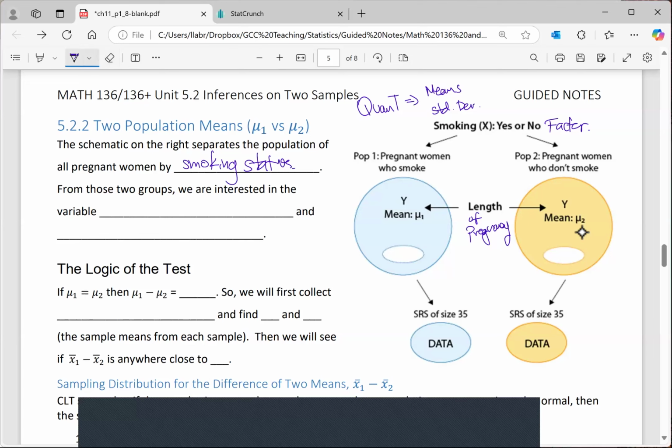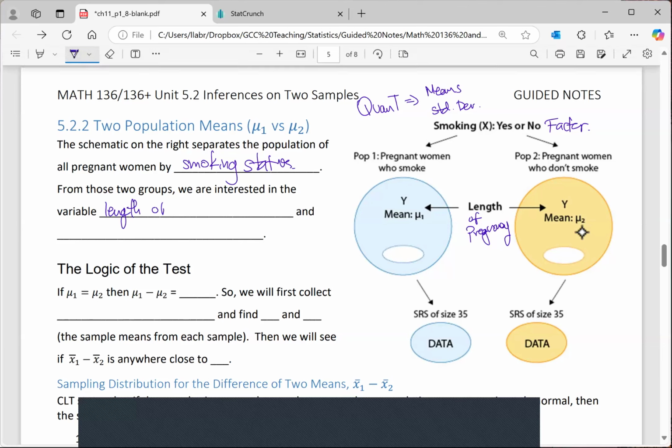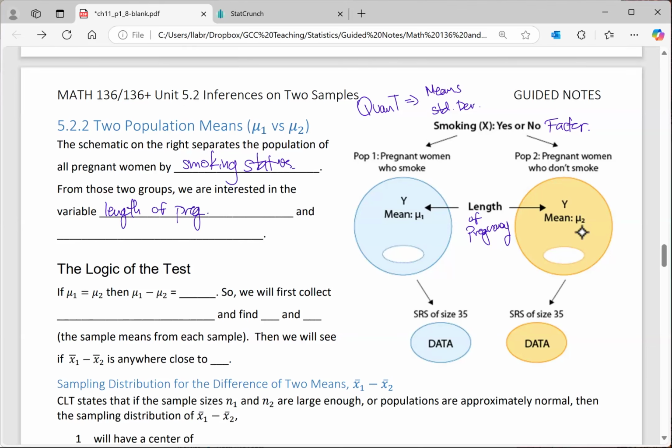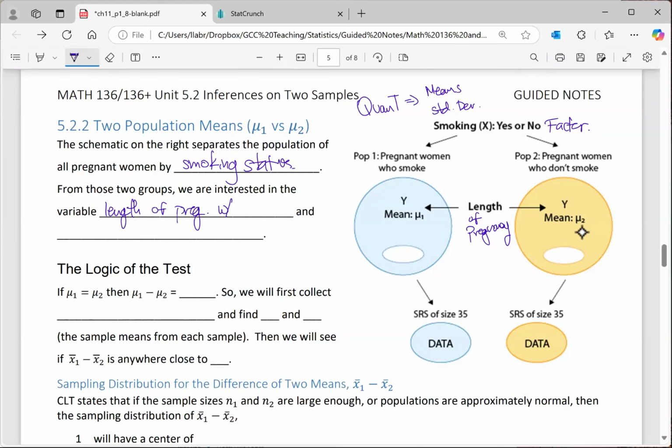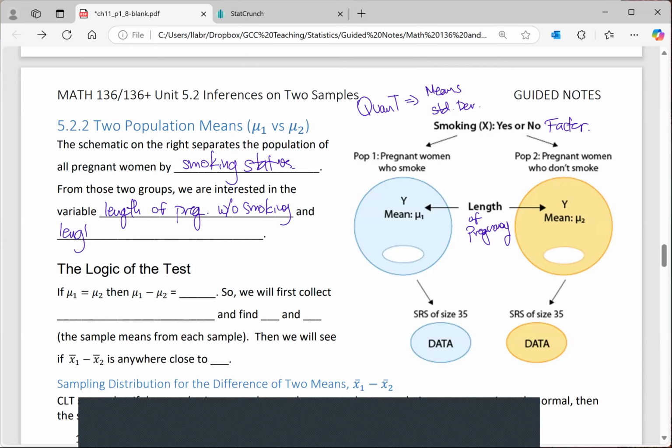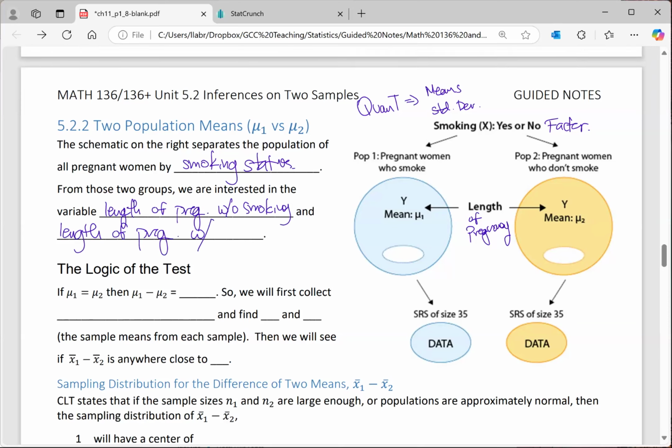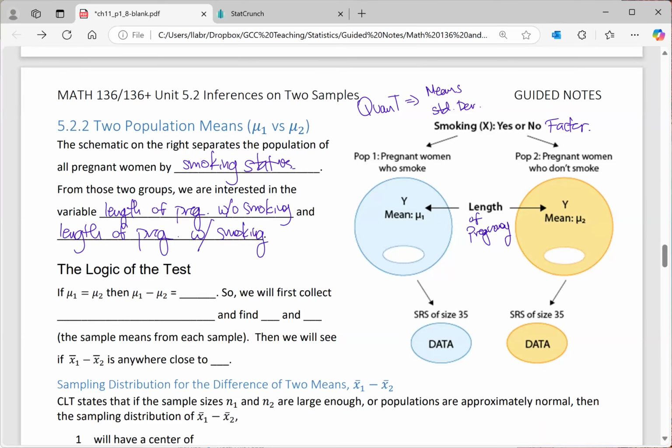We're interested in the length of pregnancy for women who do not smoke, and then the length of the pregnancy for women who smoke. And clearly, these parameters are out of our hands. Those are the parameters right here: mu1, the mean length of the pregnancy with smoke, and then mu2, the mean length of pregnancy without smoke.